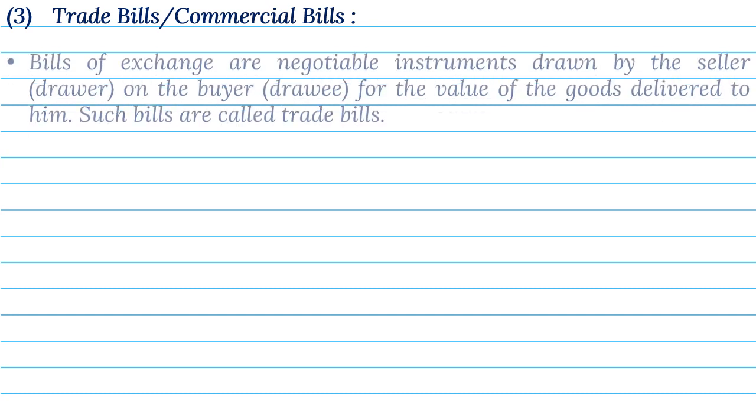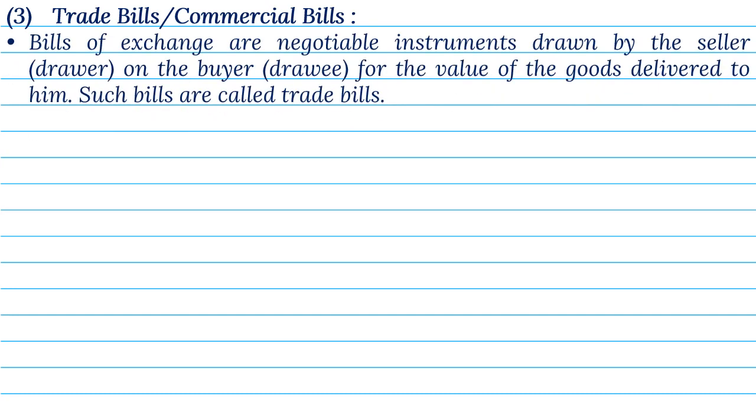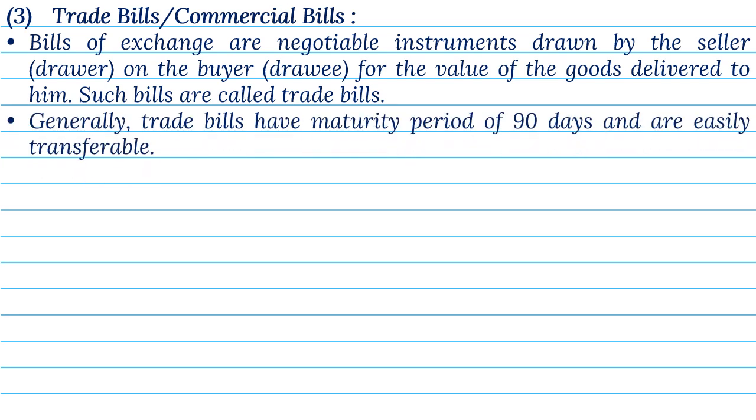3. Trade bills or commercial bills. Bills of exchange are negotiable instruments drawn by the seller, drawer, on the buyer, drawee, for the value of the goods delivered to him. Such bills are called trade bills. Generally, trade bills have a maturity period of 90 days and are easily transferable.